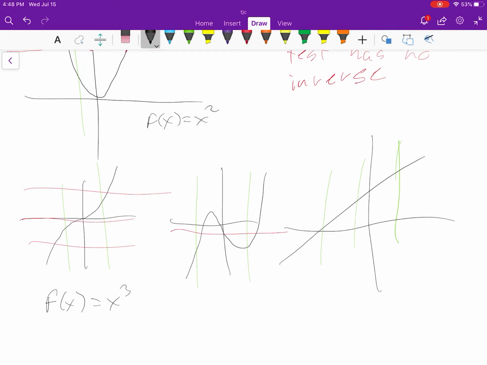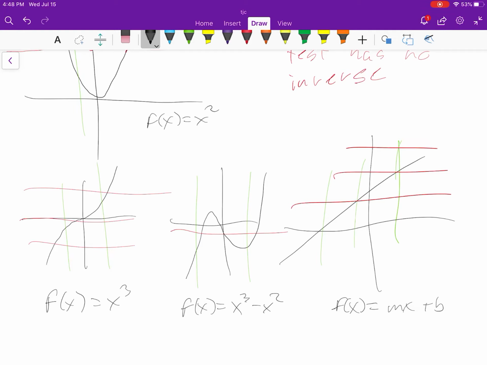This one does not. It fails because of there, where I drew a horizontal line. This will be f of x equals maybe x cubed minus x squared or something like that, so it's a mixture of x cubed and x squared. And then the last one is a linear, and linear passes both. So this is your f of x equals mx plus b, right?